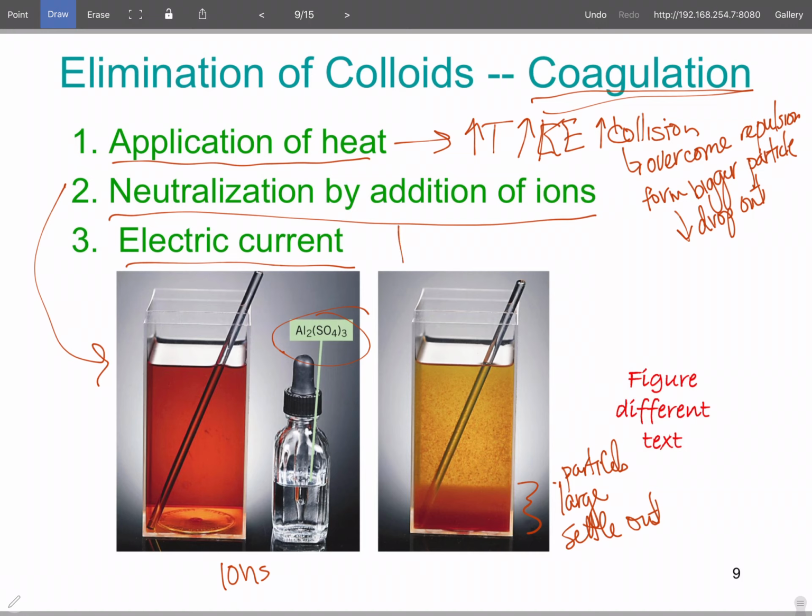Okay, the last one is electric current. Okay, well, if you have an electric current, you're going to have a negative side and you're going to have a positive side, right? So as these particles come through, if they're coated with negative electrons, they're going to stick to the positive side. Now, if you've ever had an air filter that is the kind where you shut it off, unplug it, and then you pull the filter out and it's the metal plate and it's all black and you just wipe that off.